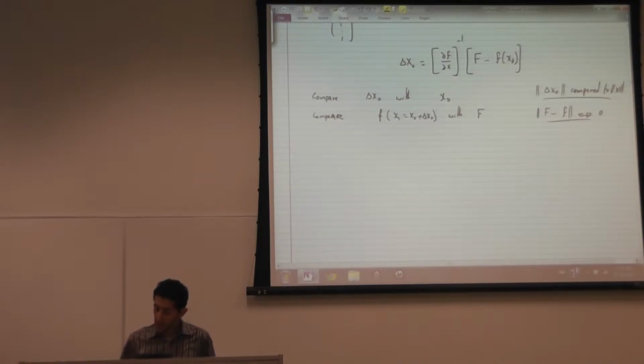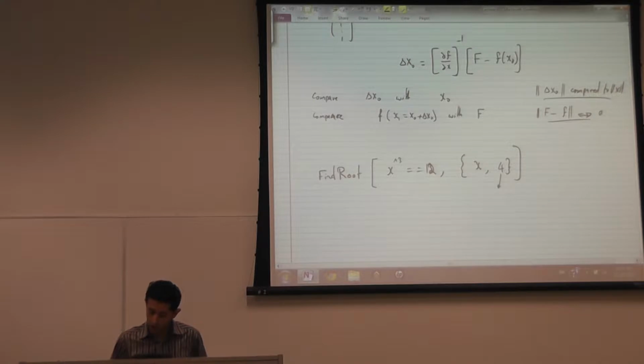Now, Mathematica does this for you using the command FindRoot. So if you say FindRoot and you put your equation, for example, as we will see, x cubed equal to 12, find x, and you have to put in x naught, this is the initial guess.